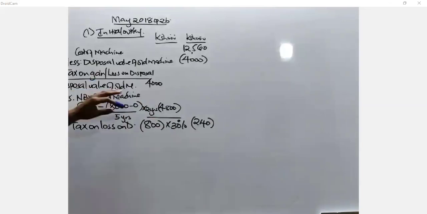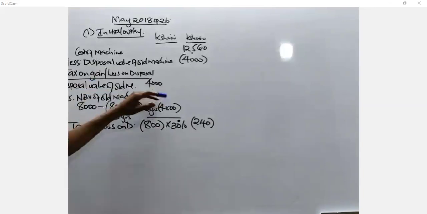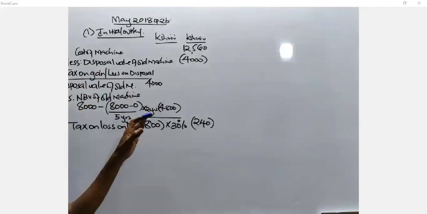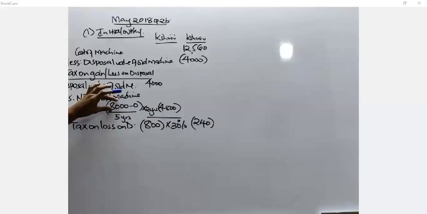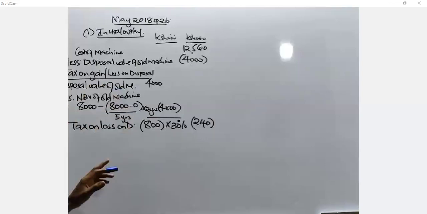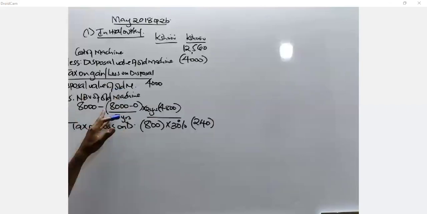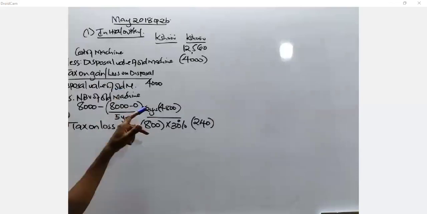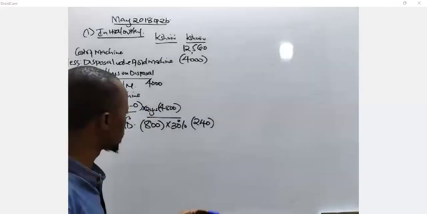The disposal value of the old machine is 4,000. Then you take the net book value of the old machine. You take 8,000 minus the depreciation, whereby we take the cost of the machine minus the scrap value, which is 0 in our case. We divide by the number of years, which is 5, to get the depreciation per year. Then you multiply by 2 years.